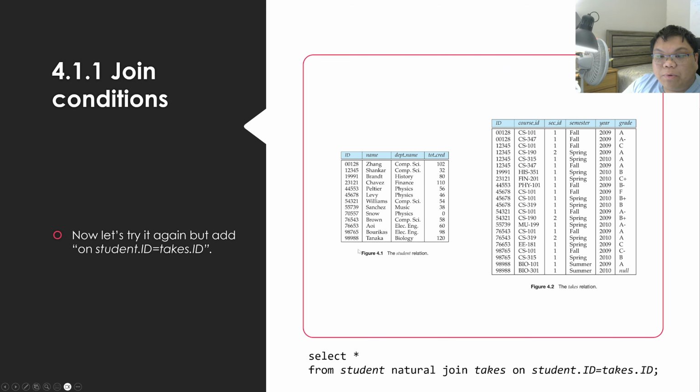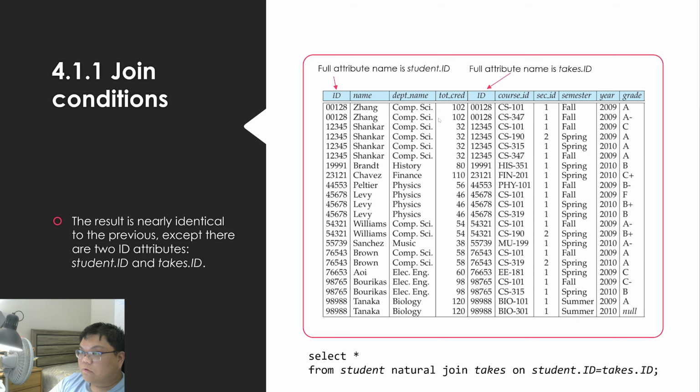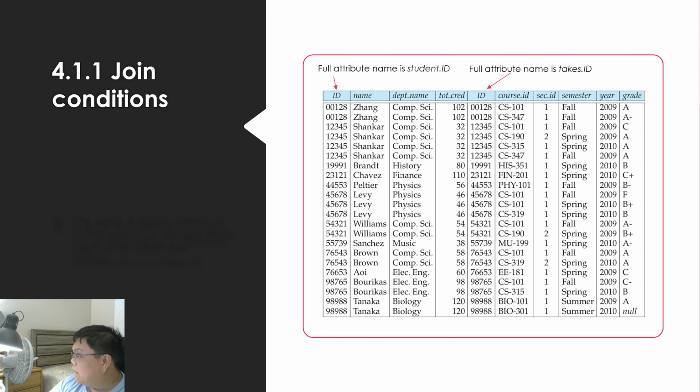Let's do that same operation again, but add on student.id equals takes.id. The result of this is nearly identical, except there are two ID attributes, student.id and takes.id. In fact, this relation can be produced by performing a different query.